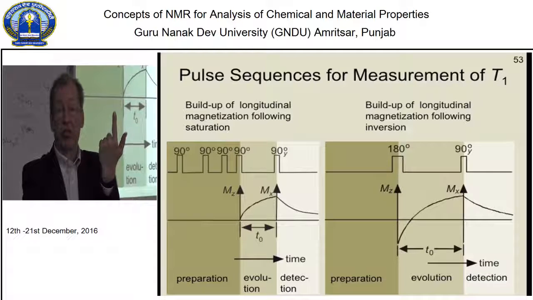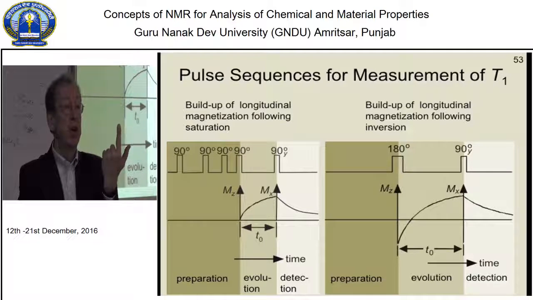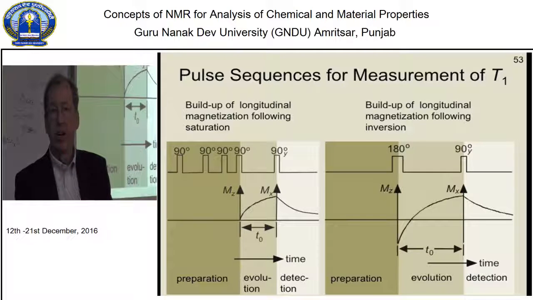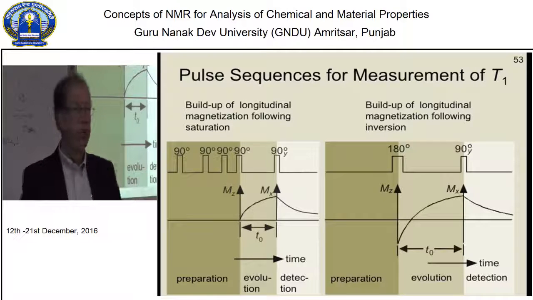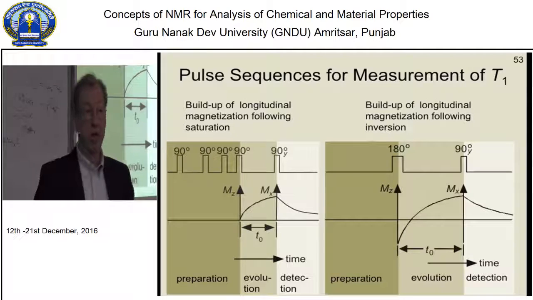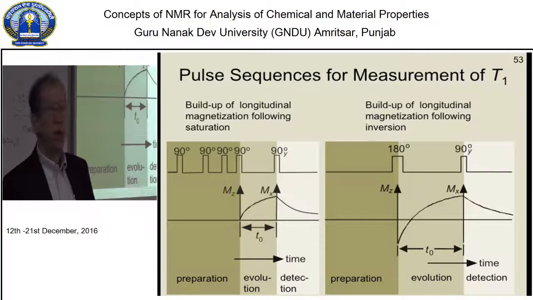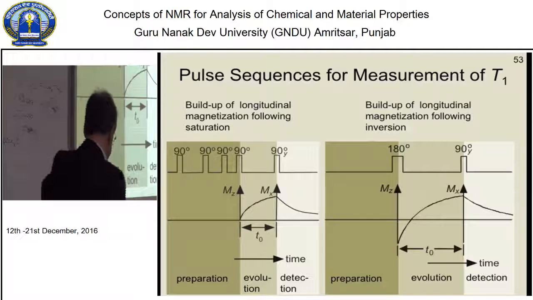Since this requires an energy exchange from the spins to the surroundings, energy transfer takes time. And this time constant to reach equilibrium and exchange the energy between the surroundings, which we call the lattice, and the spins, that's the spin lattice relaxation time, or longitudinal relaxation time, because it concerns the magnetization in direction of the magnetic field.